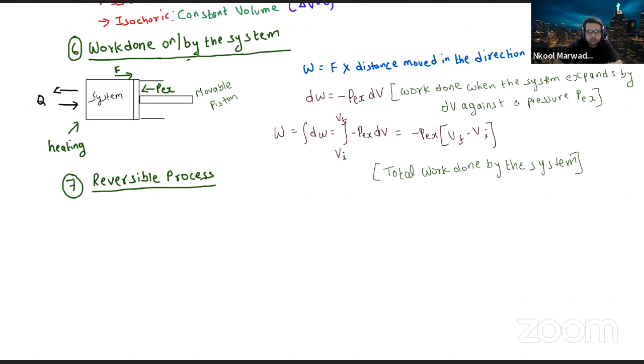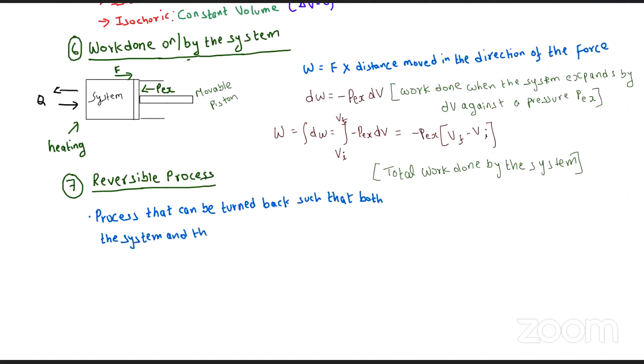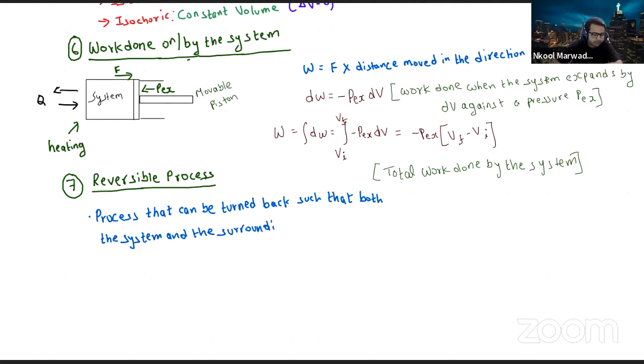So reversible processes are basically processes that can be turned back, such that both the system and the surrounding return to their original states.